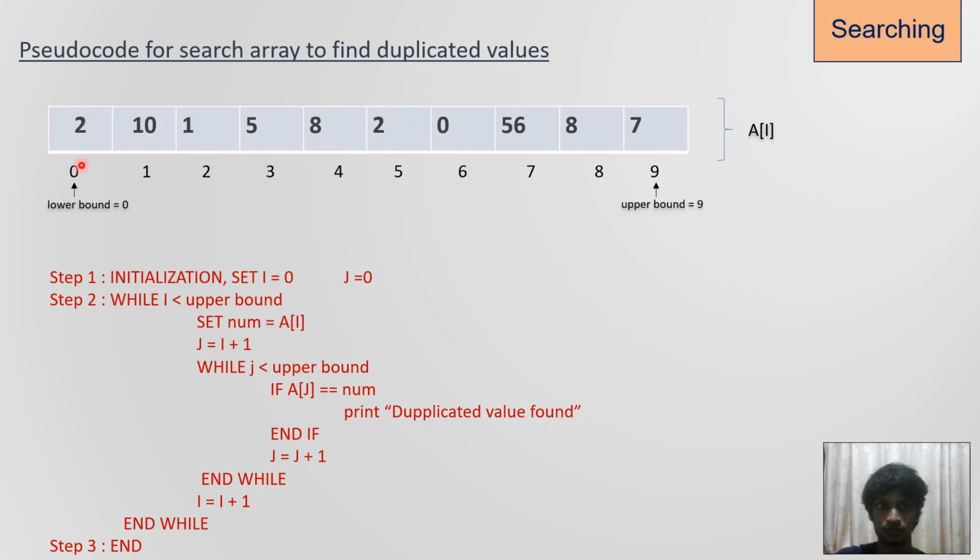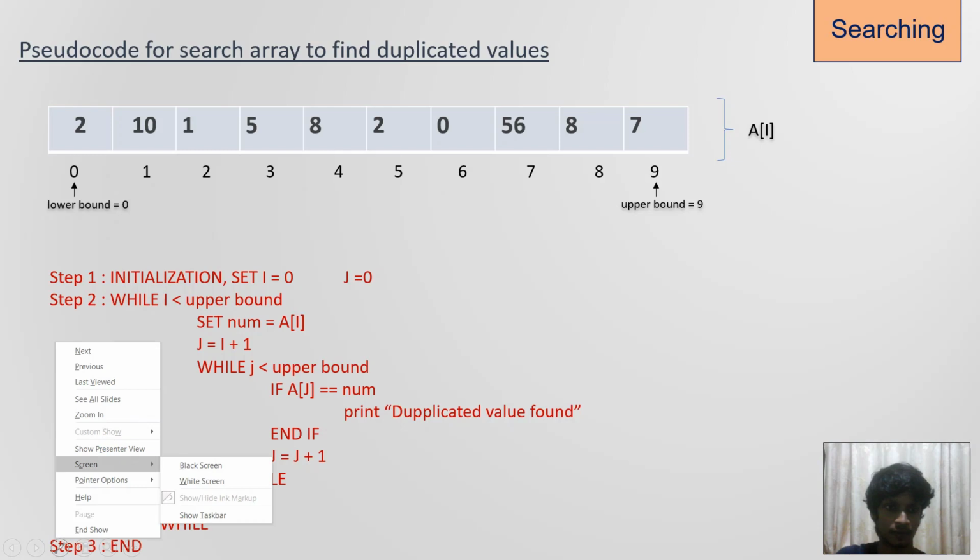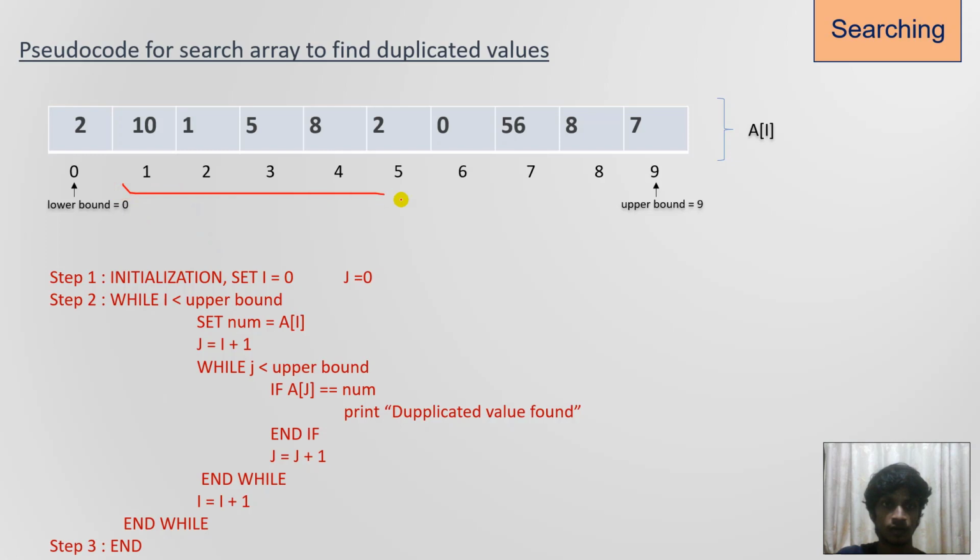Let's assume our first element is 2, which means num is 2. Then this while loop will traverse all of these existing elements in the array. Then it will search whether any duplicated values exist.